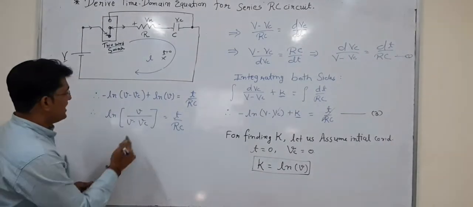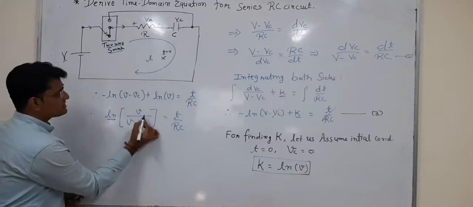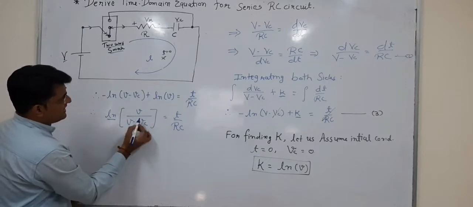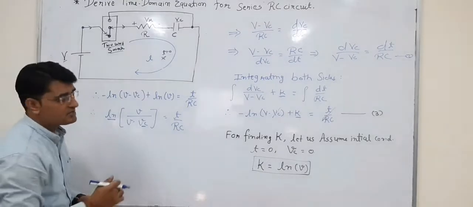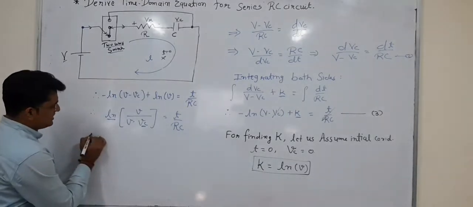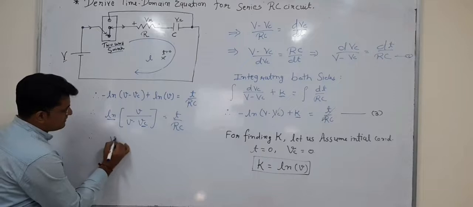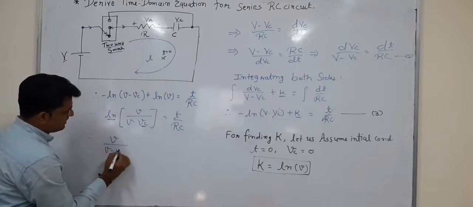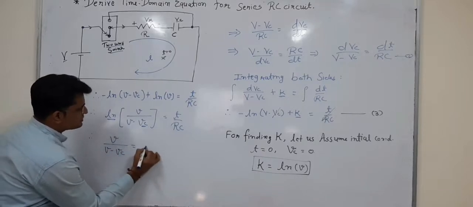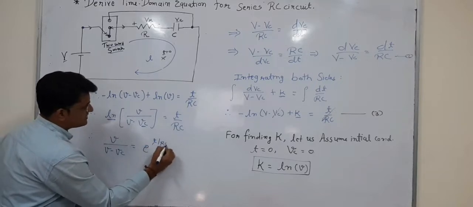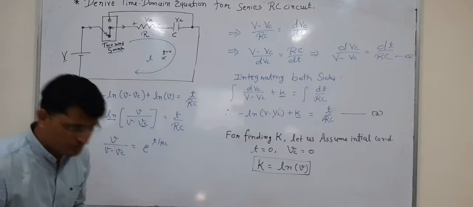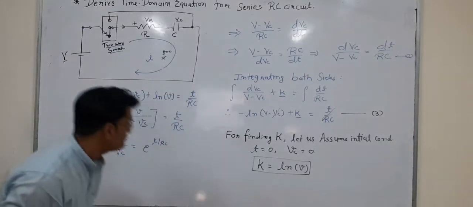Now I don't require this ln term, because ultimately I am interested in the term Vc. So we can rewrite: V upon (V minus Vc) equals e raised to t by RC.